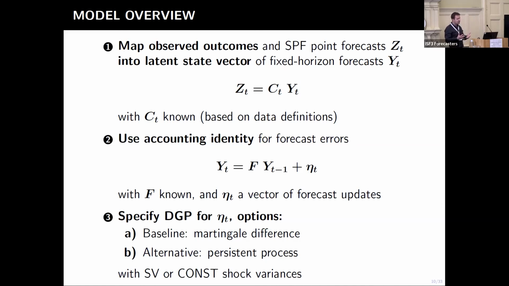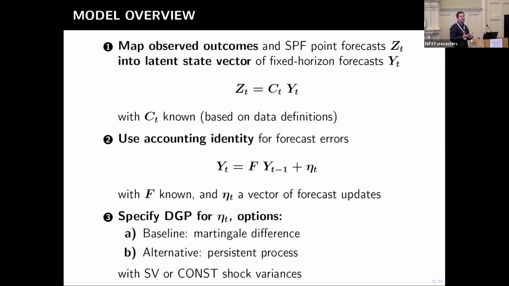In the baseline case, we treat this as a martingale difference sequence. In an alternative case, understanding that there are papers which have demonstrated that SPF forecasts are not necessarily rational, namely forecast updates are serially correlated, we can also treat them as a persistent process, namely as a VAR(1) process.